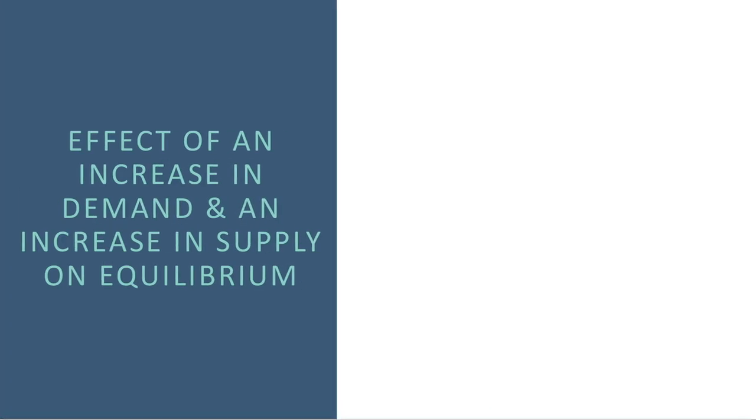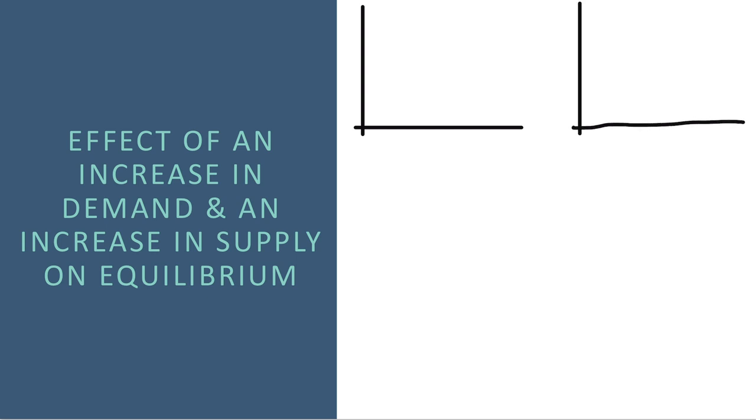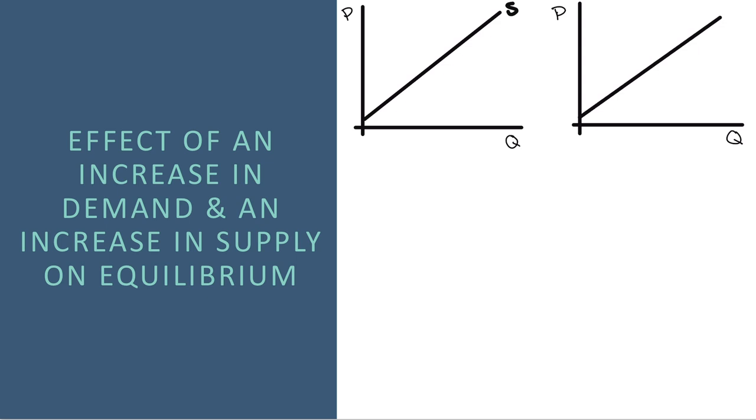So next we have an increase in demand and an increase in supply. So again, two graphs. On your y-axis, you have price. On your x-axis, you have quantity. Supply is upward sloping. Demand is downward sloping.